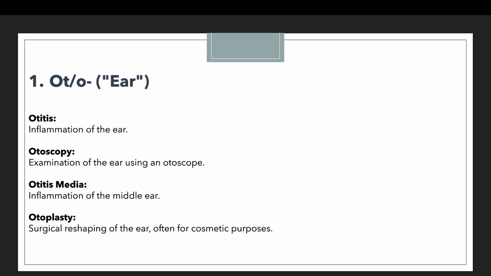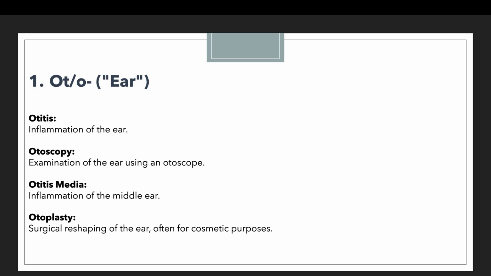Similarly, the fourth example is otoplasty. What is otoplasty? Surgical reshaping of the ear, often for cosmetic purposes. If we surgically reshape the ear for cosmetic reasons, then that procedure is known as otoplasty.